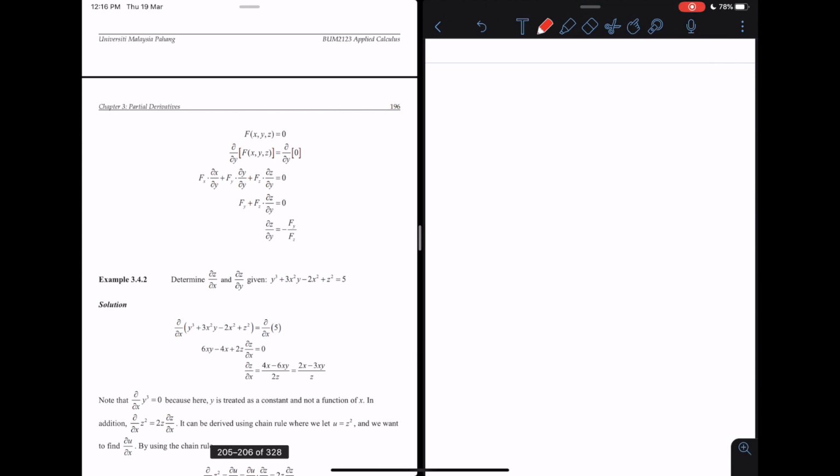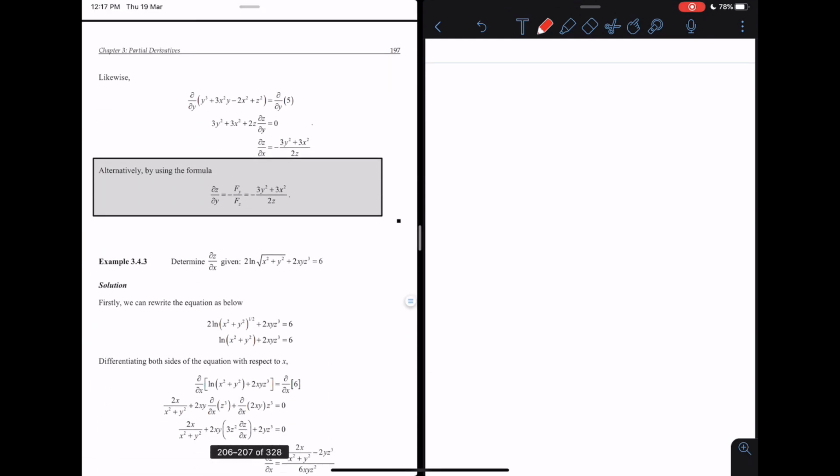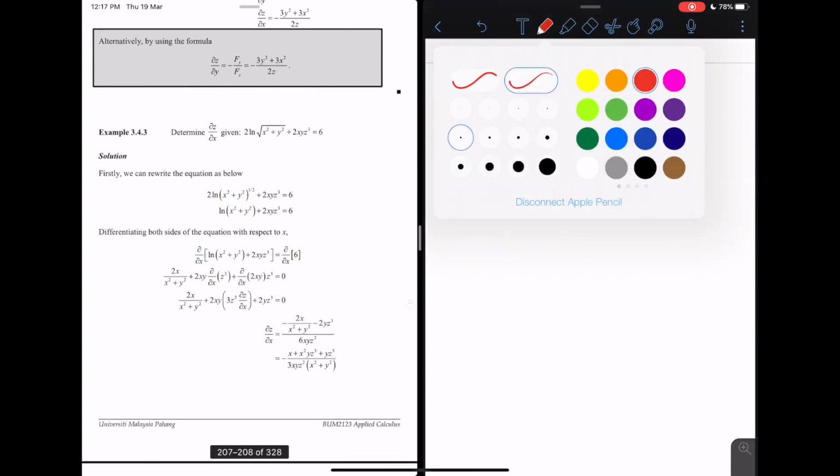If you want to solve the problem by using method 1, you try to appreciate the mathematics behind it, and you will feel the excitement and enjoyment of solving the problem by using method 1. But to make sure you are on the right track, we will always advise the student to use method 2. So let's take a look at the next example, which is this question here.